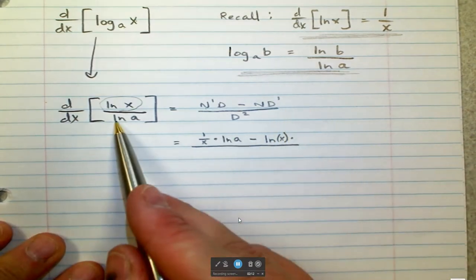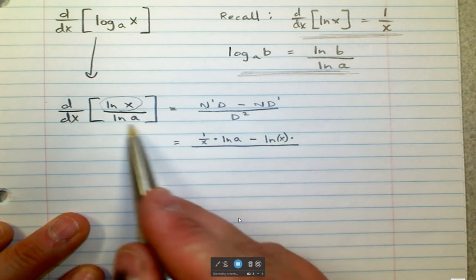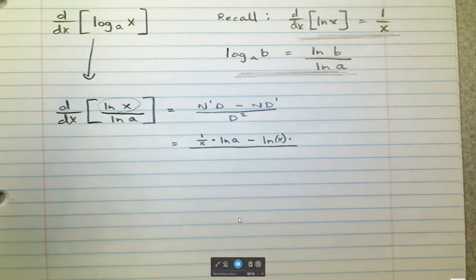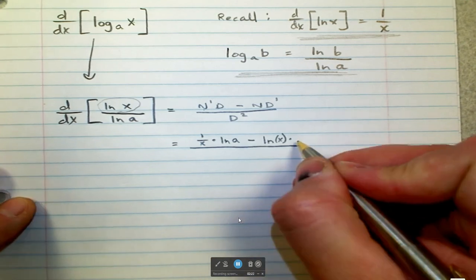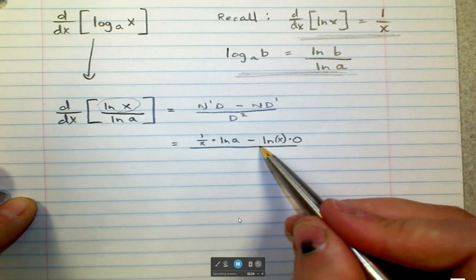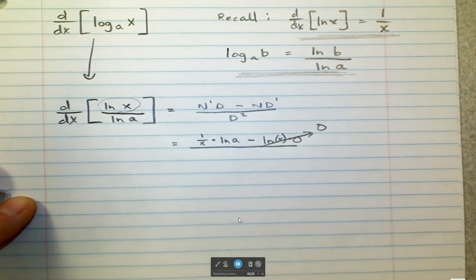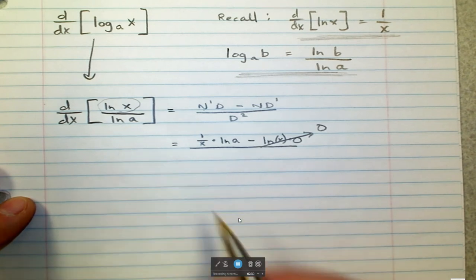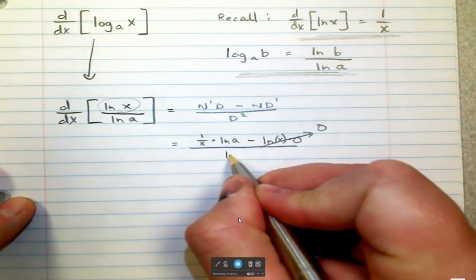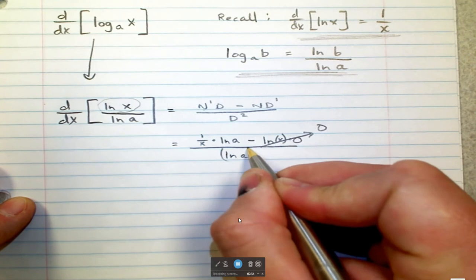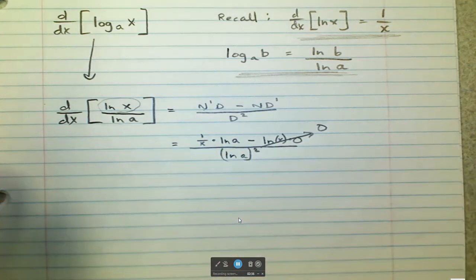Well, the derivative of natural log of a: natural log of a would be like the natural log of 5, the natural log of 8. Those are constants. The derivative of a constant is 0. Therefore, this entire piece goes away. And then our last step is to square the denominator. So we take the natural log of a squared.